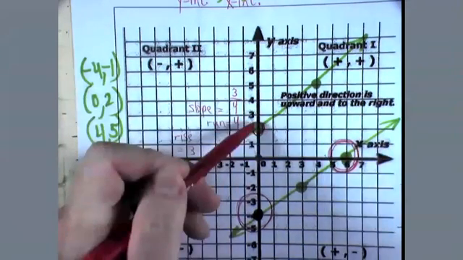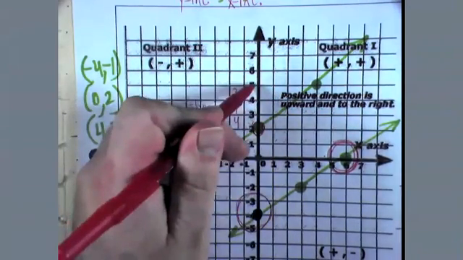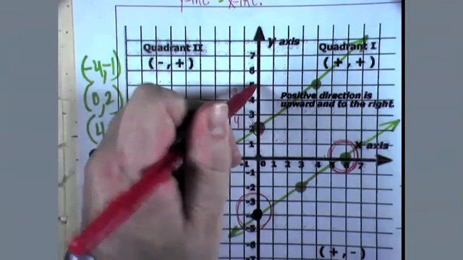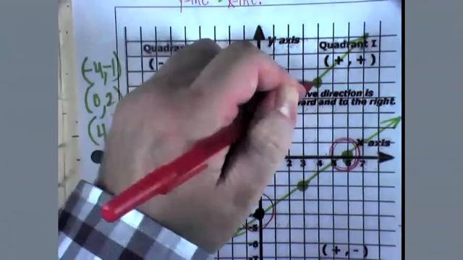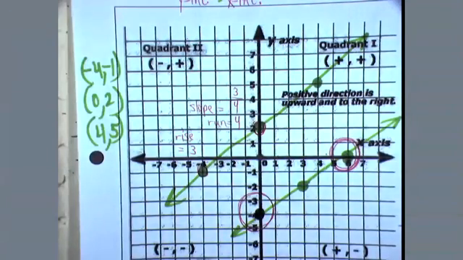If we started here, then that means we would rise up 1, 2, 3 points, and then go over 4. So the slope, the ratio between the points, will be the same. Excuse me. Any other questions? Any questions from the satellite campuses?